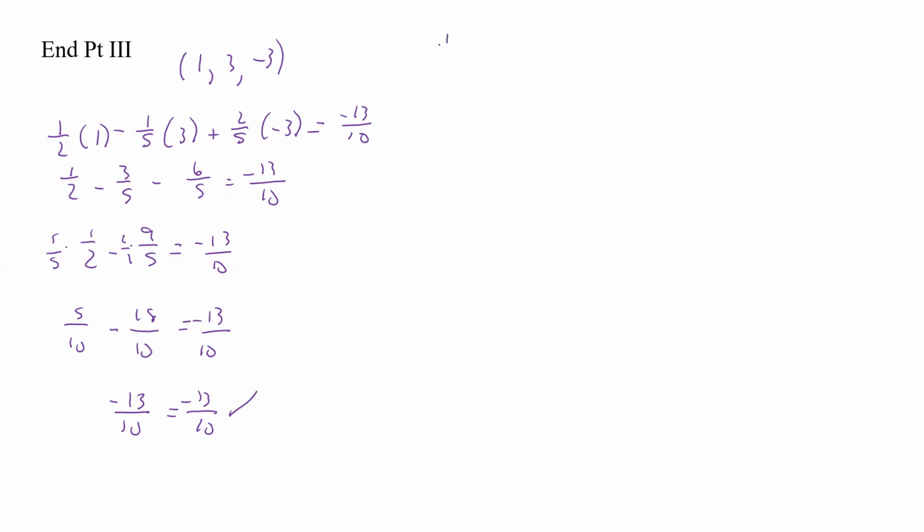And so now we have 1/4 times 1, and then minus 2/5 times the 3, and then minus 1/5 times the minus 3, and that's minus 7 over 20. So that's 1/4, and it's going to be minus 6 over 5.